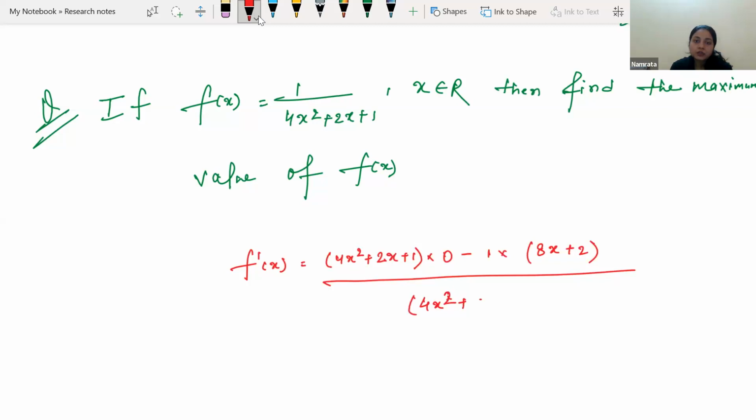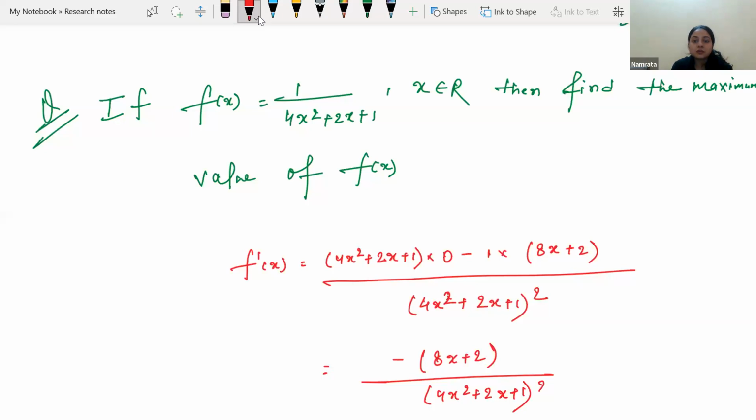Here we have applied the quotient rule. We are having minus 8x plus 2 over 4x square plus 2x plus 1, that's whole square.